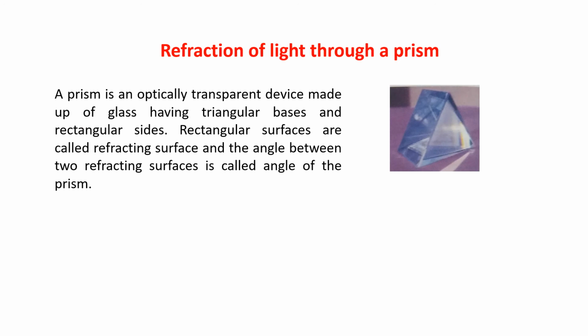Refraction of light through a prism. A prism is an optically transparent device made up of glass having triangular bases and rectangular sides. See, this is a figure of a prism. These two are the rectangular sides, and these rectangular surfaces are also called the refracting surfaces.